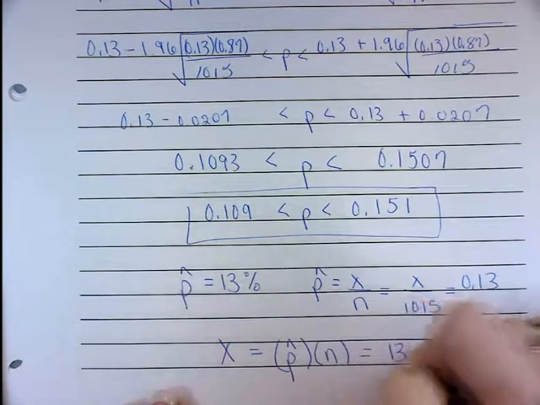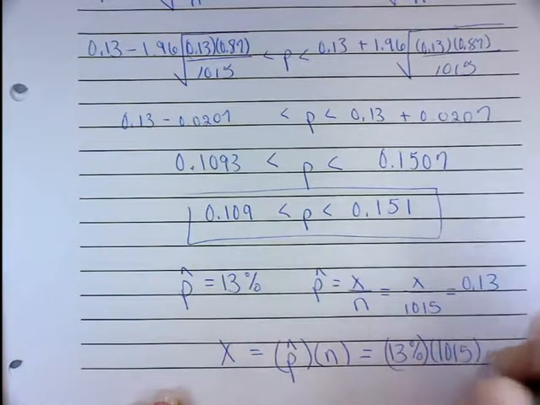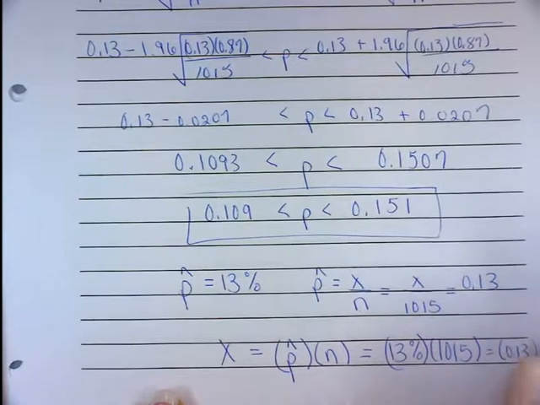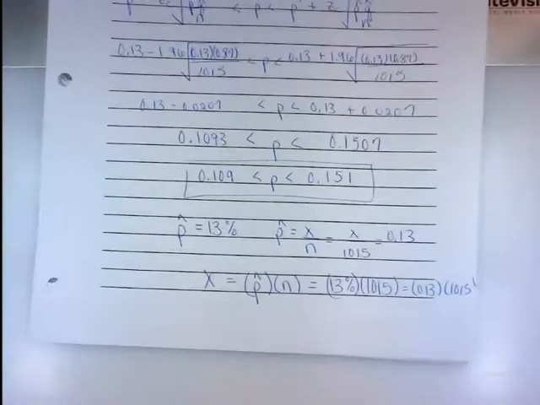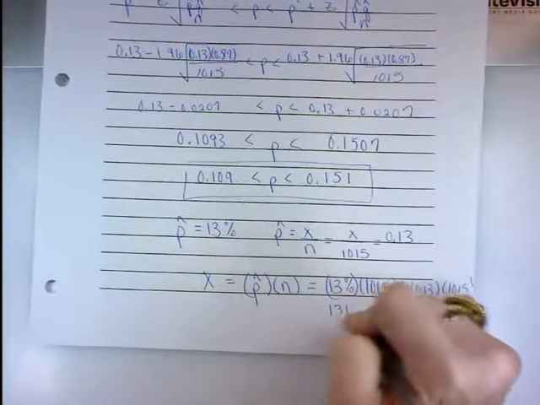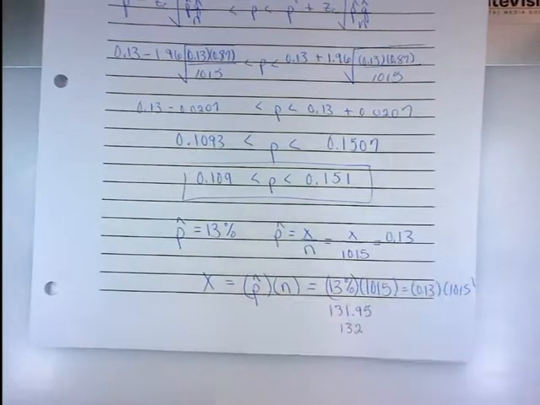So 13% of the 1,015, which is 0.13 times 1,015, will give you x. 0.13 times 1,015 is 131.95, but you'll have to put it in the calculator as 132 for your x.